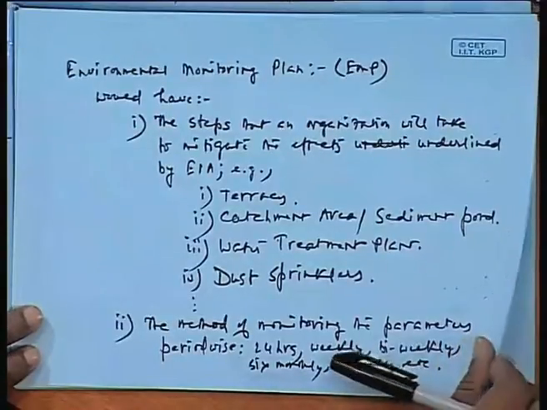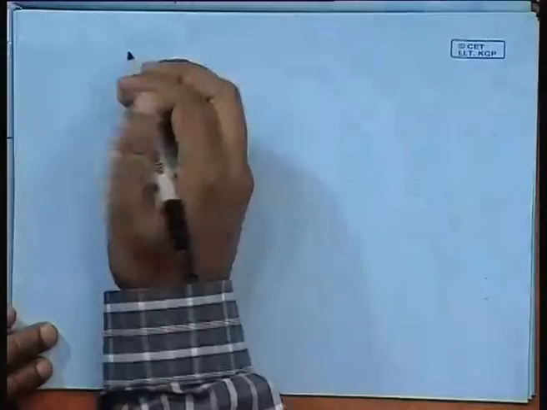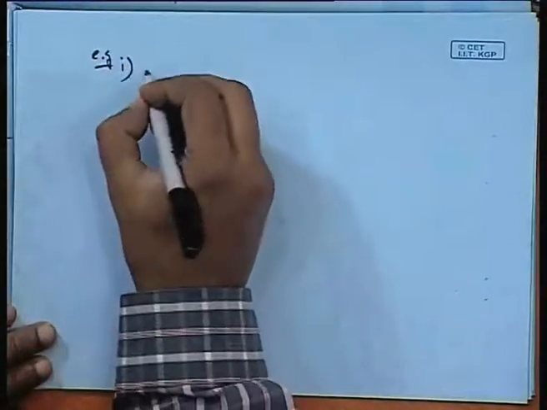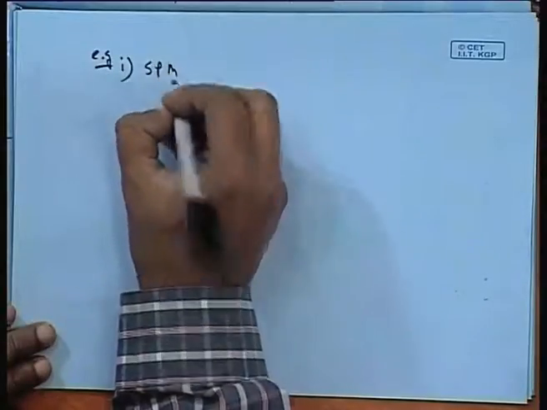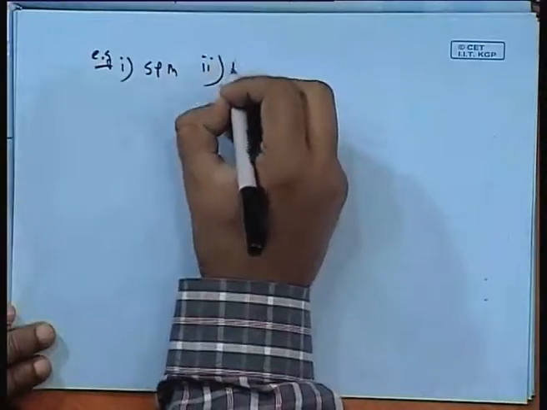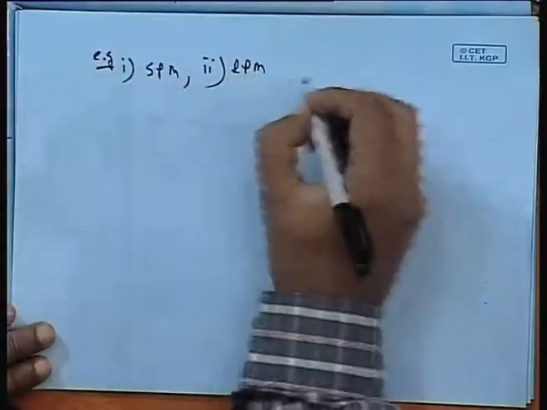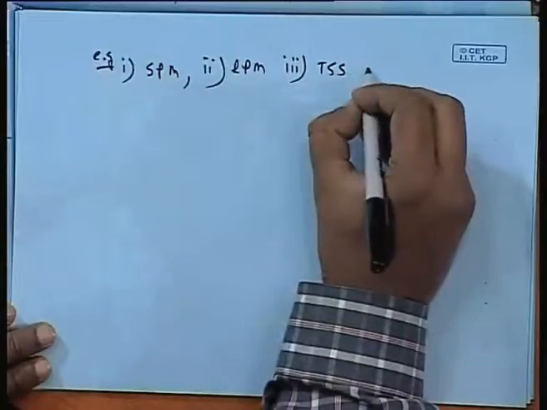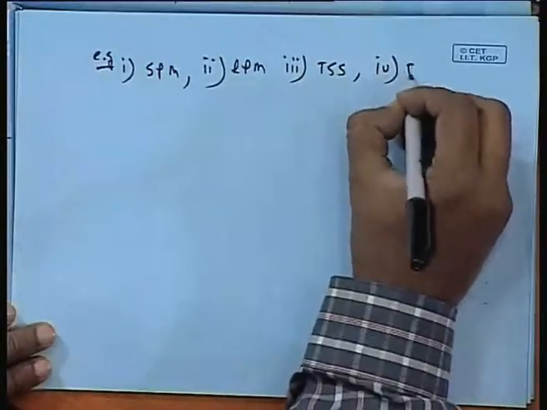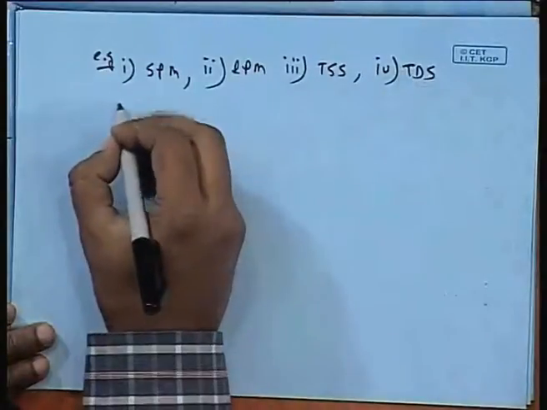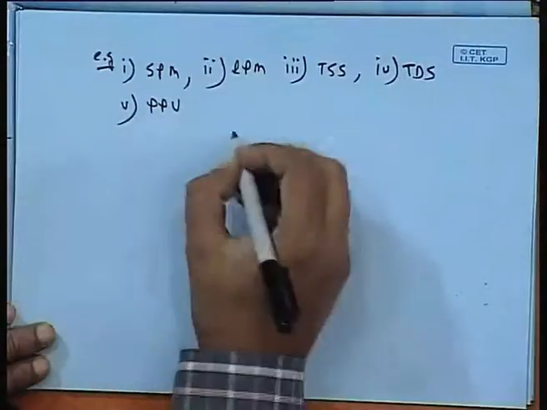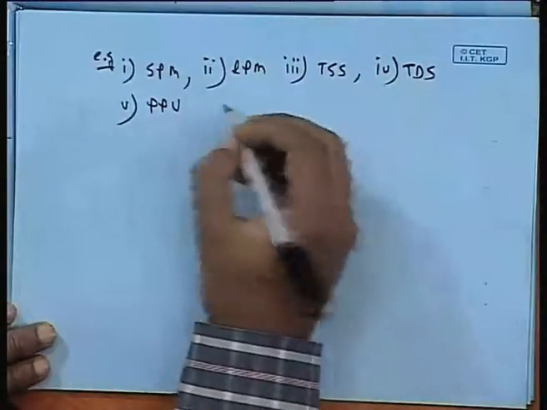For example, what it would monitor is SPM, then RPM, then TSS, TDS in water, then say vibration, PPV, right, POA, phase wave, as you know.